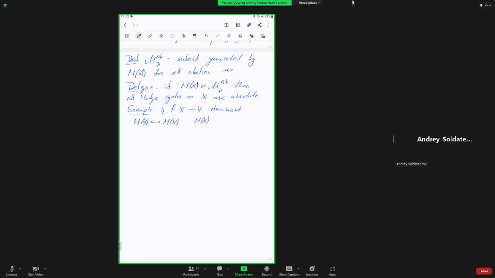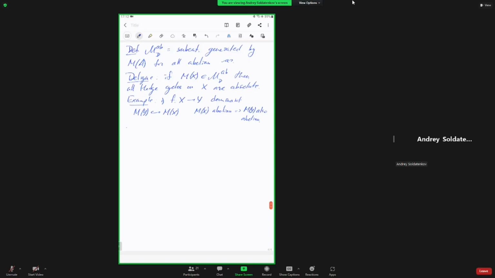I call motifs that are contained in this subcategory, curly M abelian D, abelian motifs. So if M(X) was abelian, then it follows that M(Y) is also abelian. And then I can deduce that all Hodge cycles on Y are absolute and some other things. Another example is the blow-up.